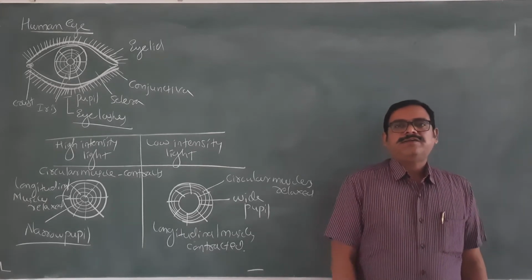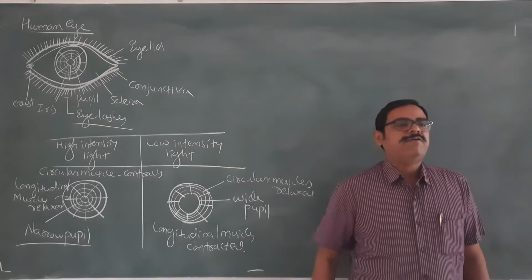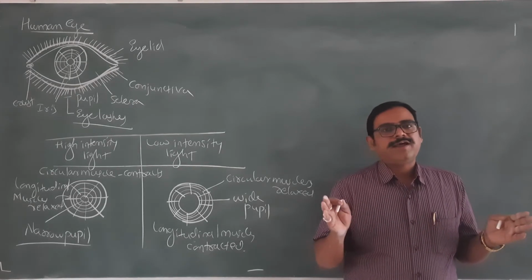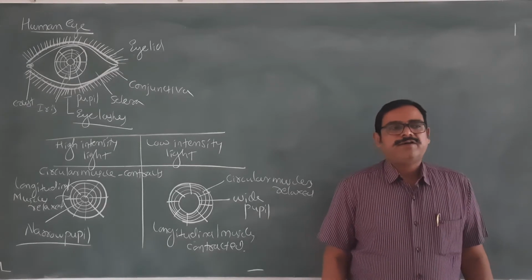Now how is this color discrimination done by our eyes? Because our eye has a most important photosensitive layer called the retina. In the retina, what do we find? Rods and cones.